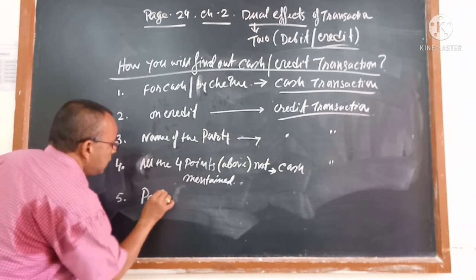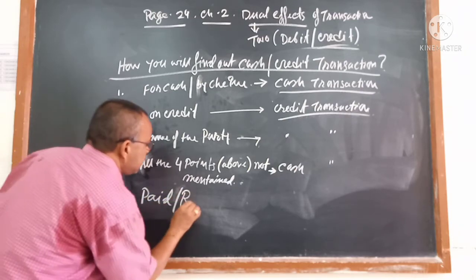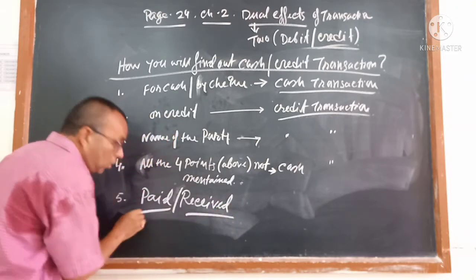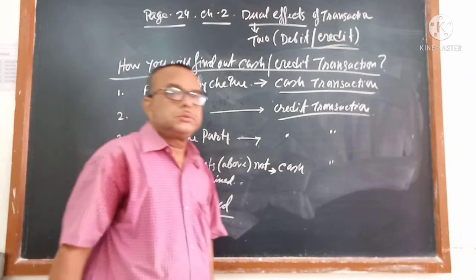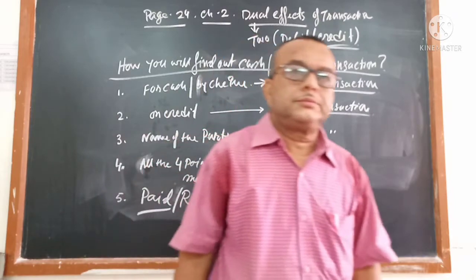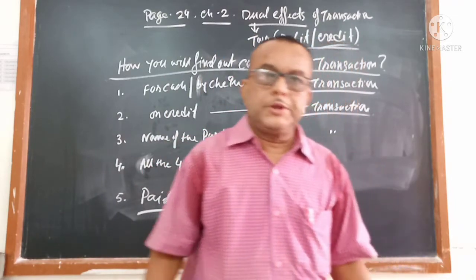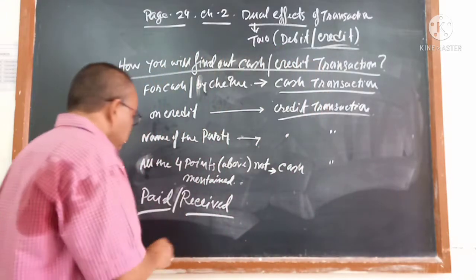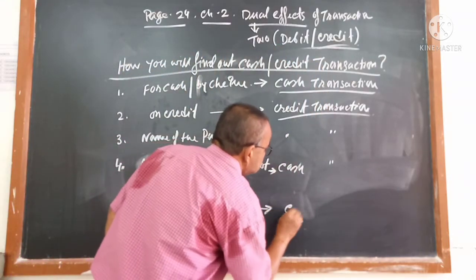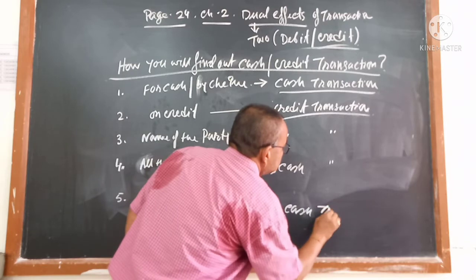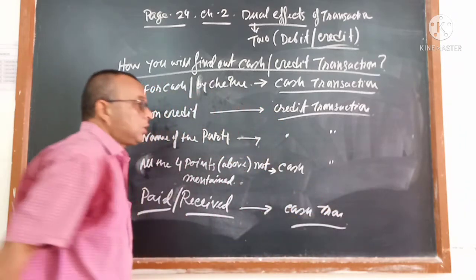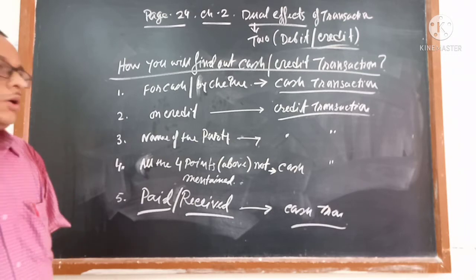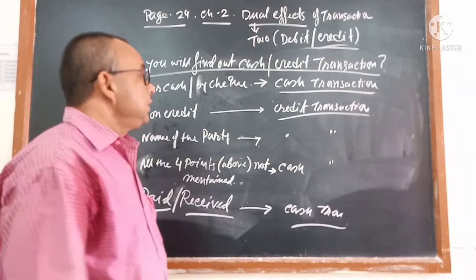If the word paid or received is mentioned anywhere, then you should consider it as a cash transaction. This much you will learn, it will be enough for you to identify whether it is a cash transaction or a credit transaction.